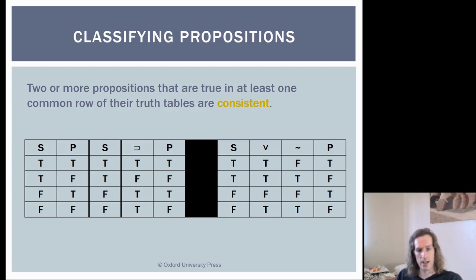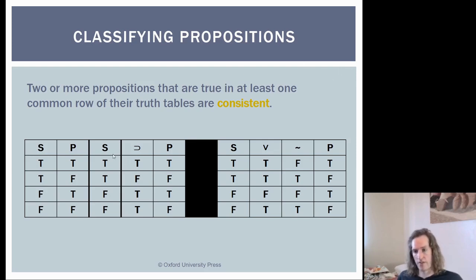Next, we can have two or more propositions that are true in at least one common row of their truth tables. We can say that these propositions are consistent. Given at least one set of valuations for our variables, it's possible for these propositions to be true at the same time.